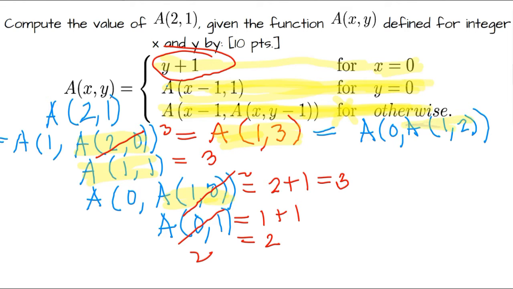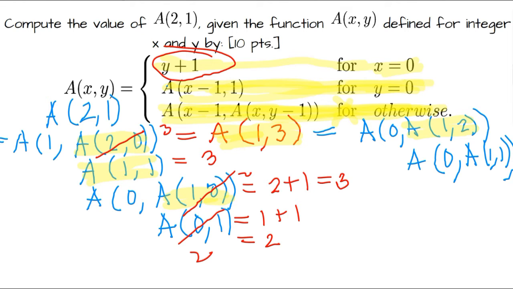So again we will evaluate A(1,2), so this will apply case 3, again case 3 for otherwise. So we have A(0, A(1, 1)).